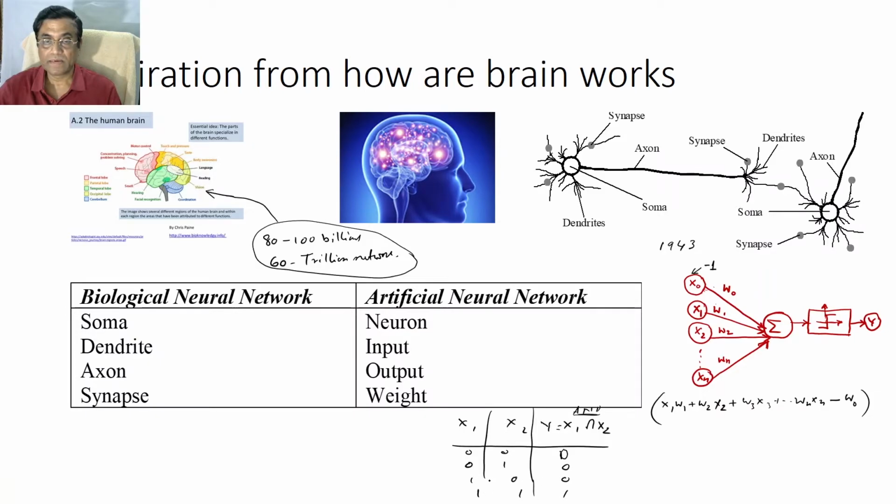So this is my AND pattern, and I want my neuron to be trained with this labeled data. These are called labeled data, by the way. So row after row you read, and use this data for training. This is called training.